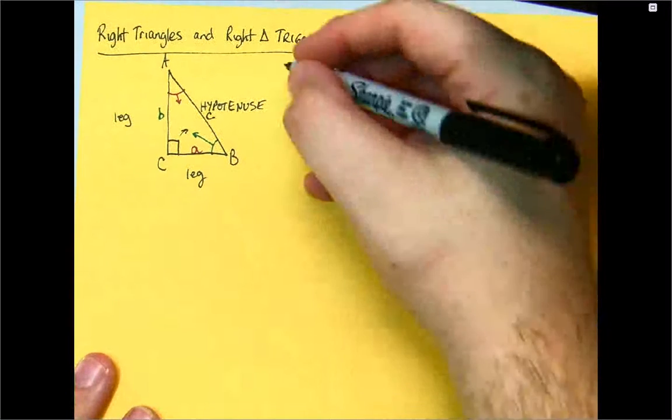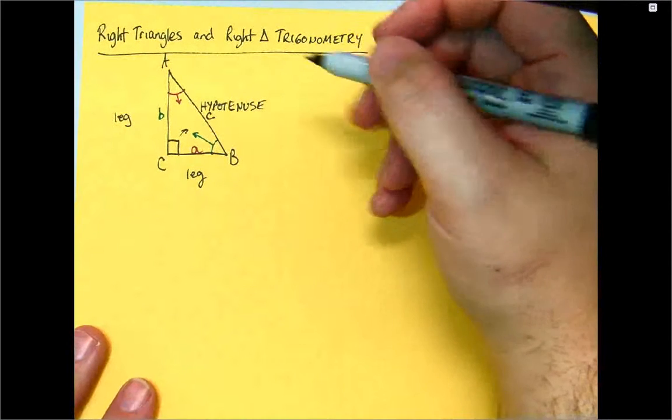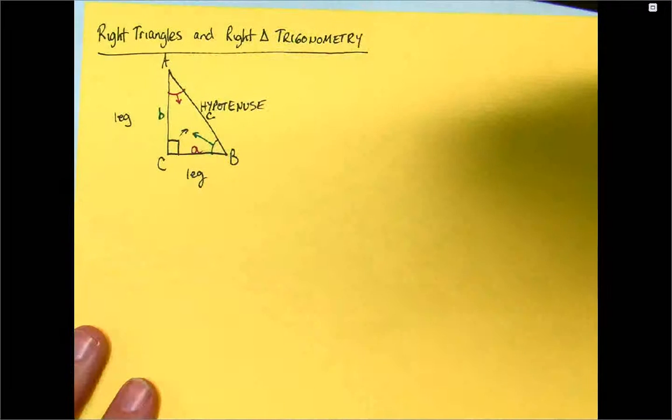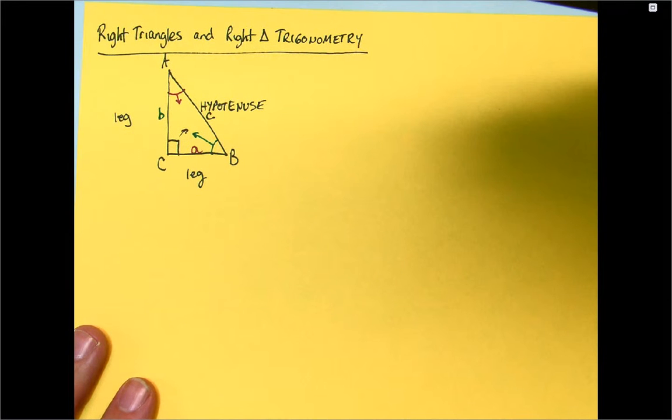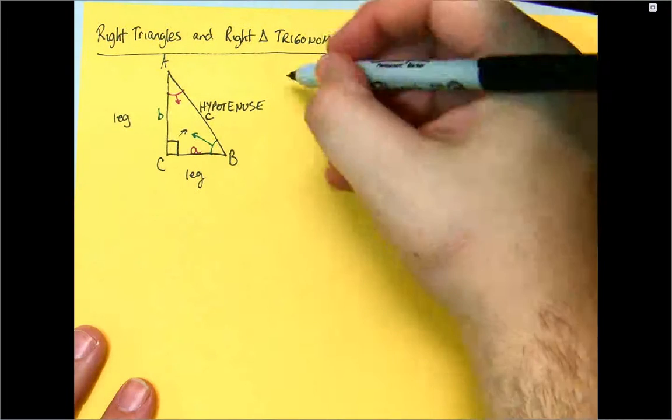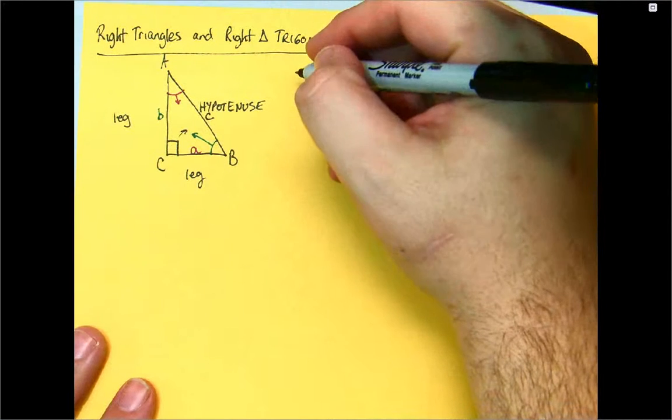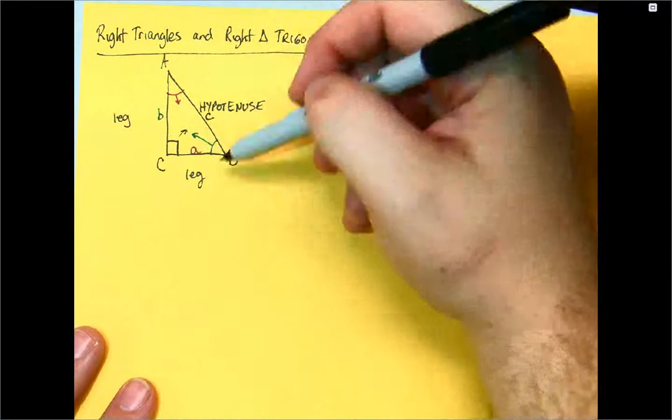Now, what do you think the main theorem of right triangles is? What's the theorem that you're going to be dealing with the most as far as just the geometry part of it?